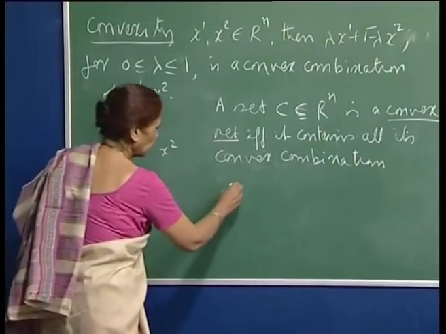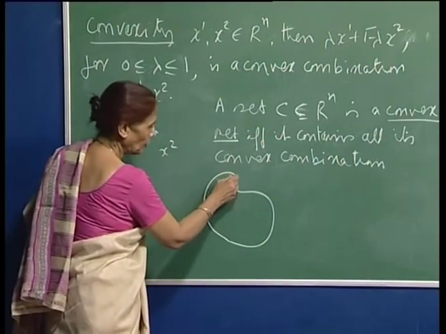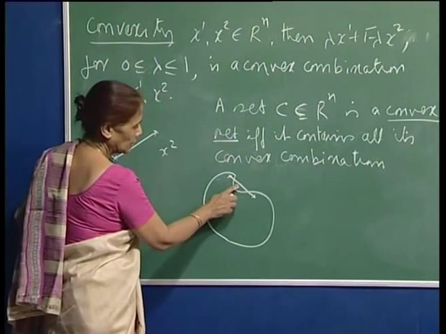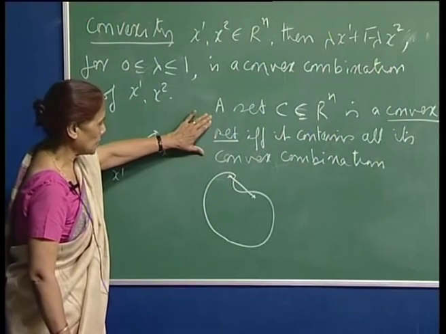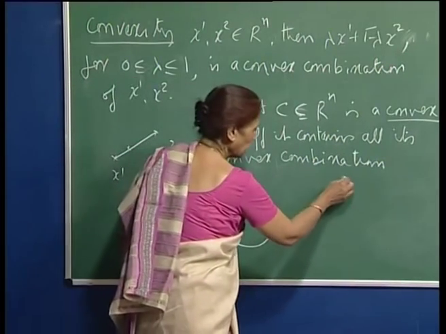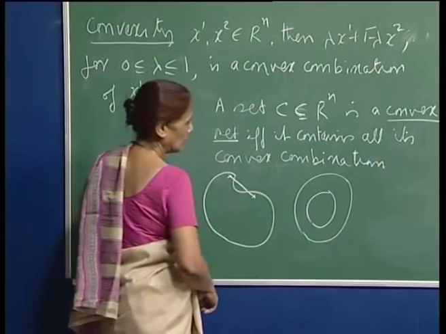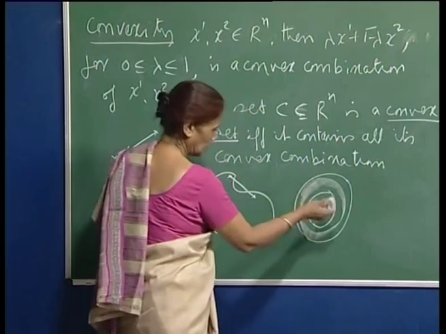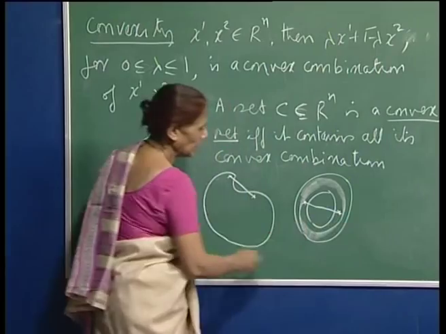Now for example, if you take this set, and I take a point here and join the 2 points, then part of the line is not in the set. So it will not satisfy this definition, because there are holes and indentations. Similarly, if you take a ring and take a point here, the whole line is not in the set.